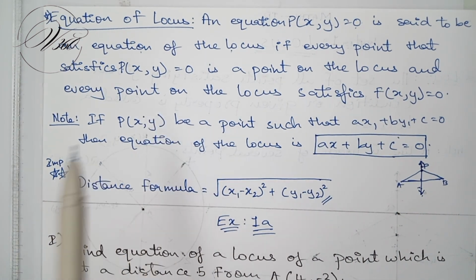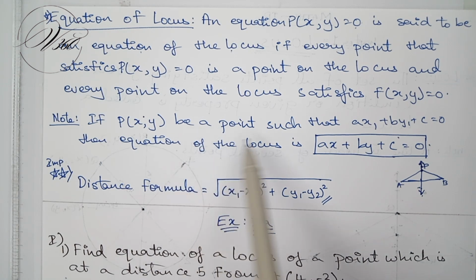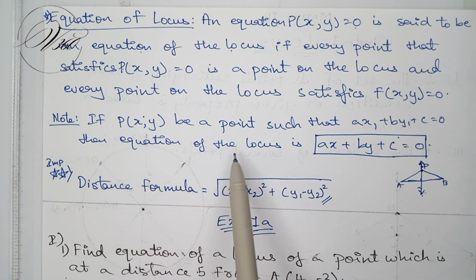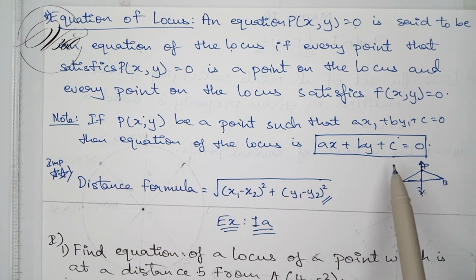Okay, now here the note: if P, that is (x, y), is a point such that ax1 plus by1 plus c equals 0, then the equation of the locus is ax plus by plus c equals 0.